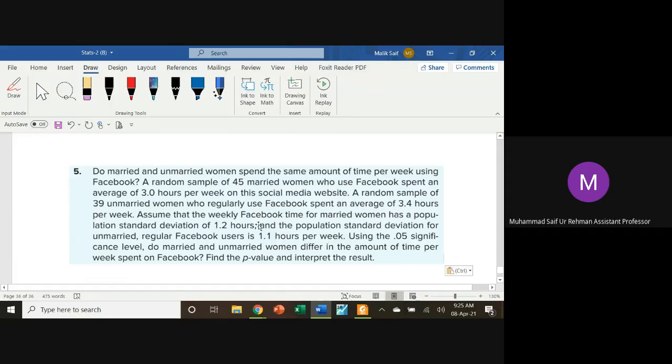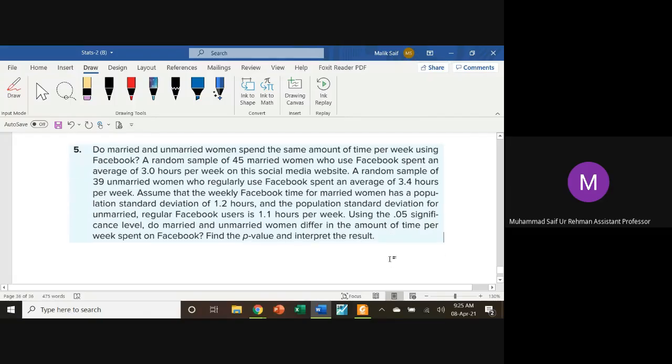Assume that the weekly Facebook time for married women has a population standard deviation of 1.2 hours, and the population standard deviation for unmarried regular Facebook users is 1.1 hours per week. Use 0.05 significance level. Do married and unmarried women differ in the amount of time per week spent on Facebook? Find the p value and interpret the result.